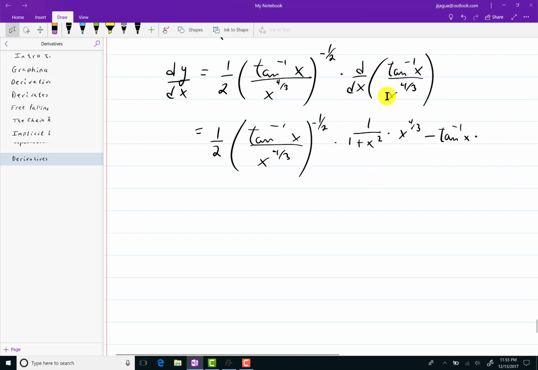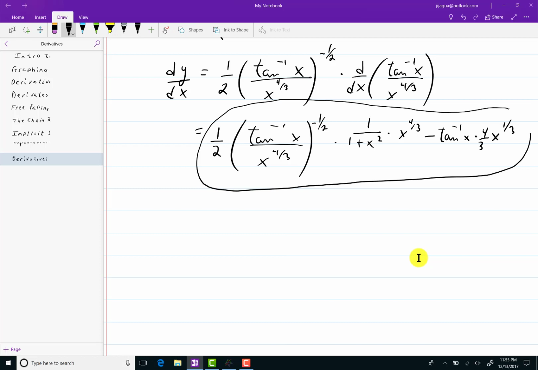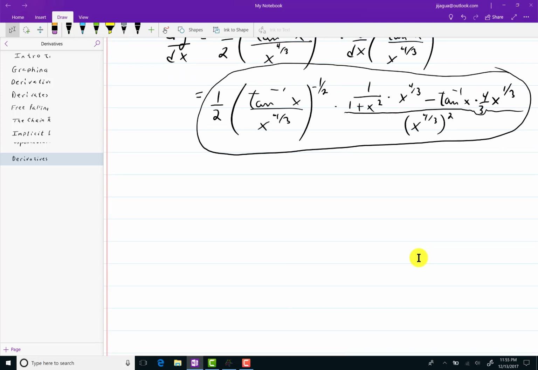And the derivative down here is 4/3 x to the 1/3. Oh, I completely forgot my denominator here. I should have x to the 4/3 squared. And play with it if you want. I wouldn't. So moving on.